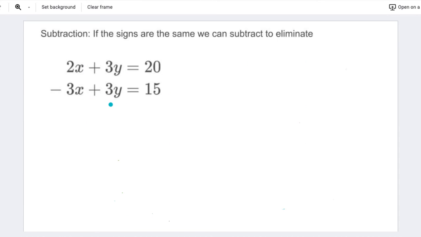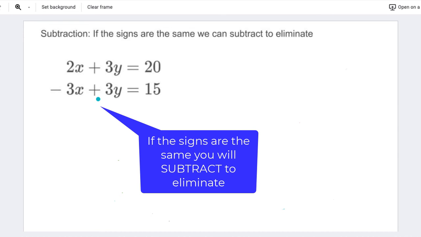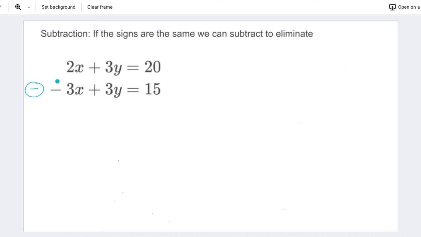The other case you get is when the two coefficients are the same and have the same sign. So if I have 3y and 3y, and I need to eliminate it, it means I need to subtract them from each other. Because 3 minus 3 will give me 0. So line it up vertically. So 2x minus negative 3x is 5x. 3y minus 3y is 0.